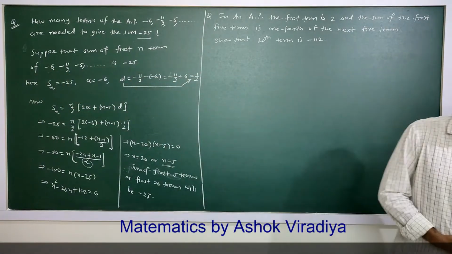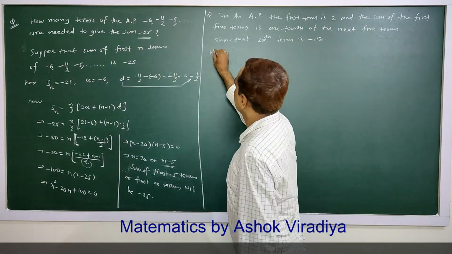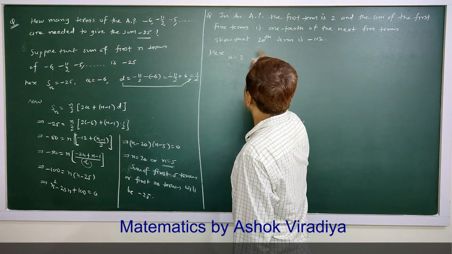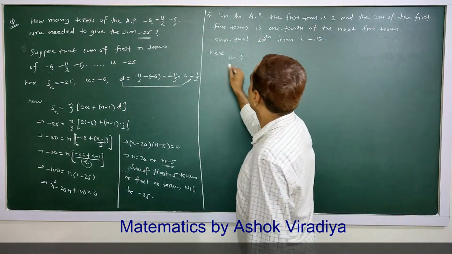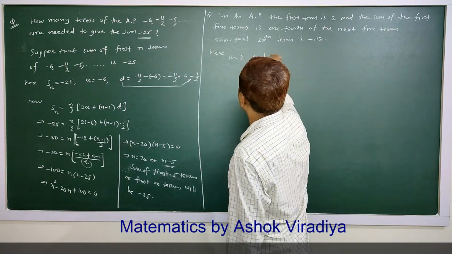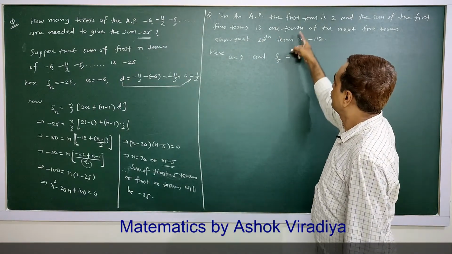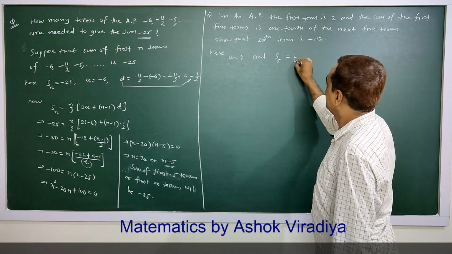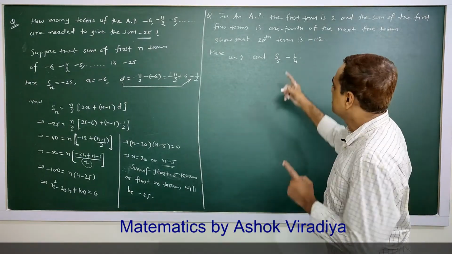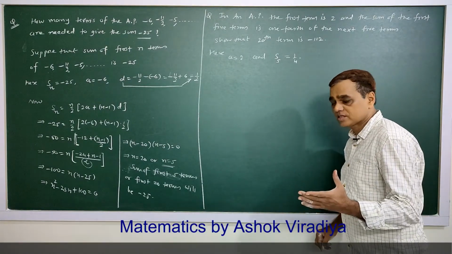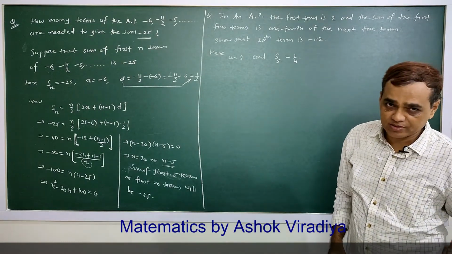Now in this question, in an AP the first term is 2. Here the first term is 2. The sum of the first 5 terms is equal to 1/4 of the sum of the next 5 terms.